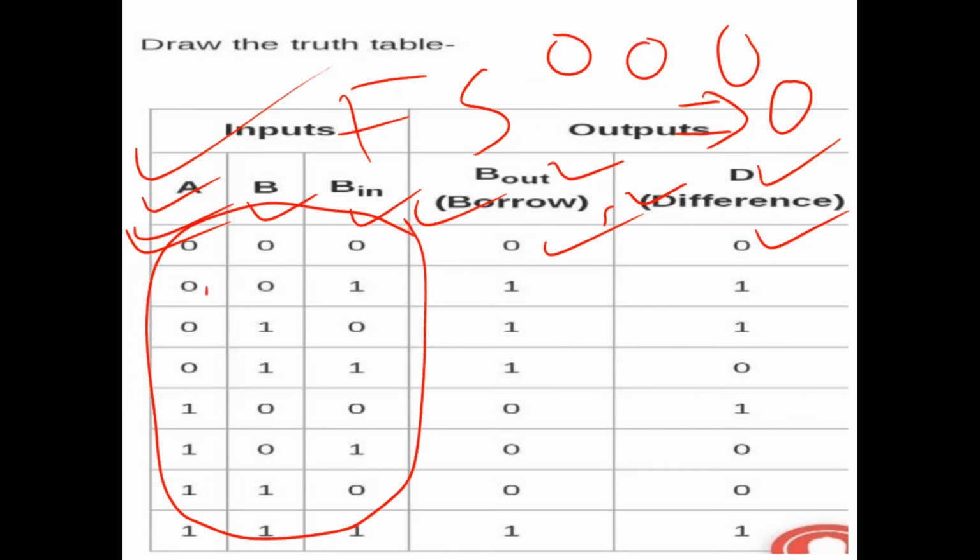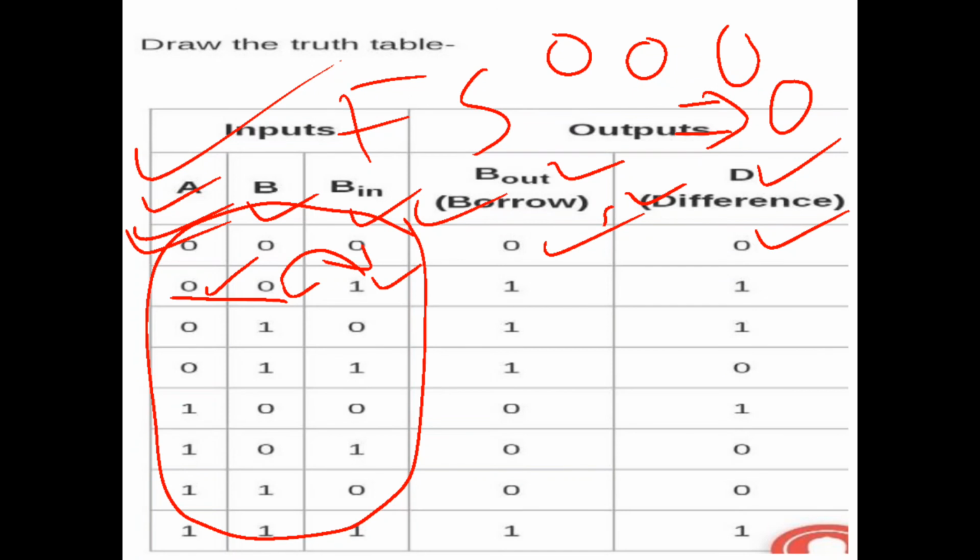Okay. Next one is 0 0 1. So we know that 0 minus 0 is 0. Now we have to subtract this 1 from 0, the result of these two basically.